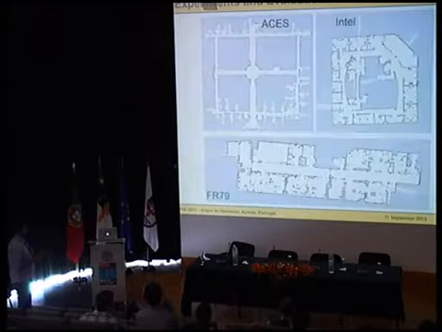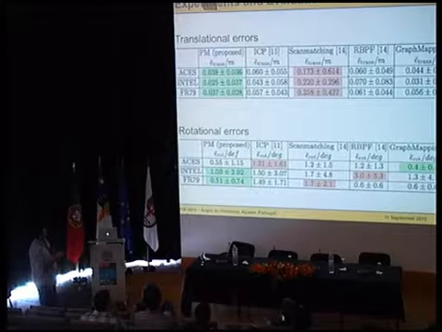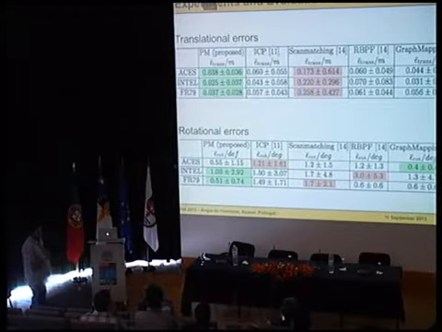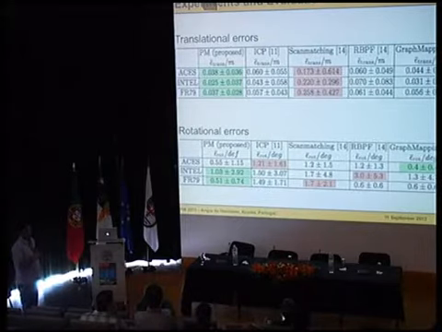I used three freely available datasets. The one from the Access Building, another from the Intel Research Lab, and another from the Freiburg Building 79. Those were mapped already using the algorithm. What I have here is two tables. The first one gives you the translational errors, and the errors are compared with other SLAM solutions. Here, this is a SLAM solution that uses ICP, also scan matching.